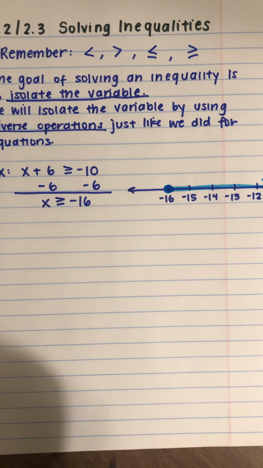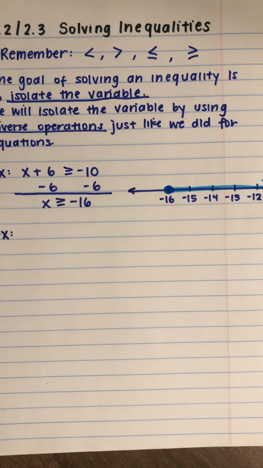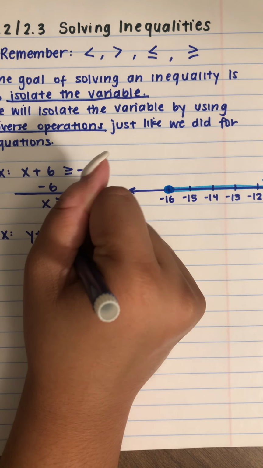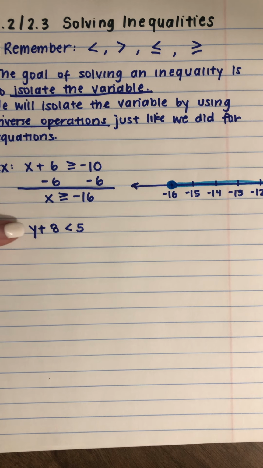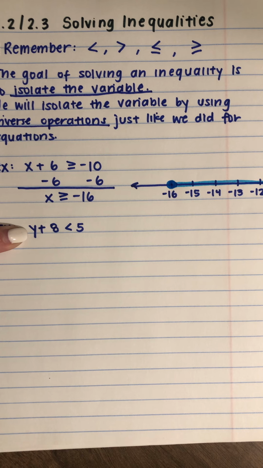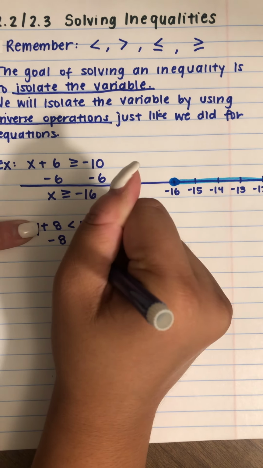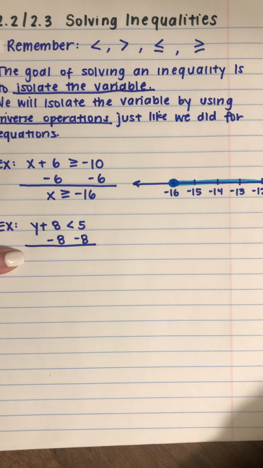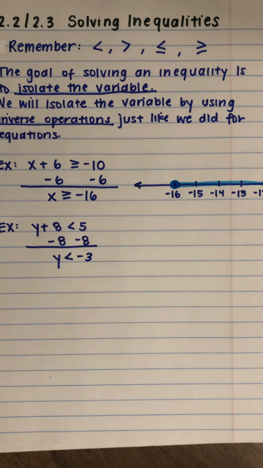All right, let's move on to our second example. We have y plus 8 is less than 5. Again, our goal is to isolate y, and to do so we are going to use the inverse operation of subtraction again to undo our plus 8. So we are left with y is less than negative 3.